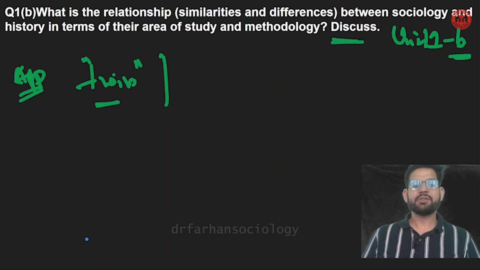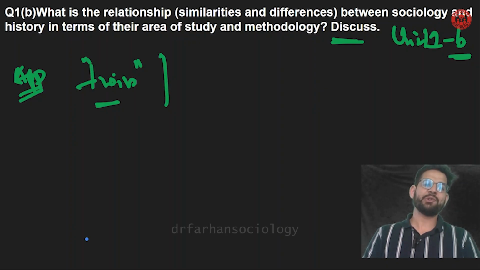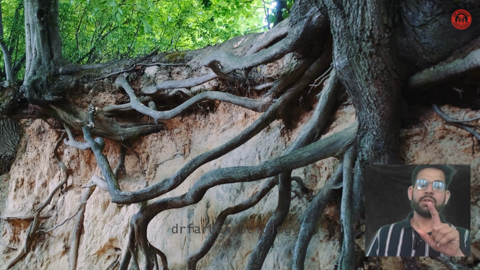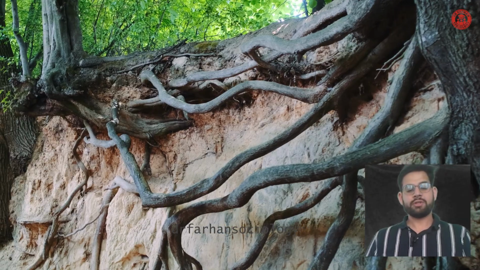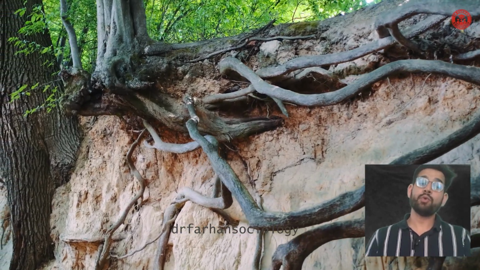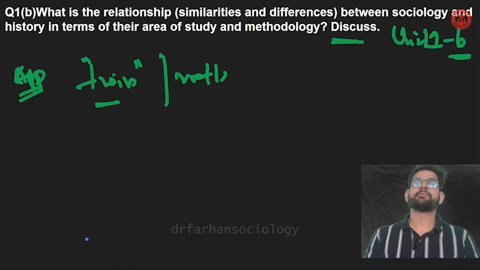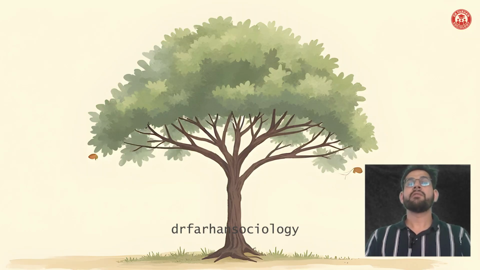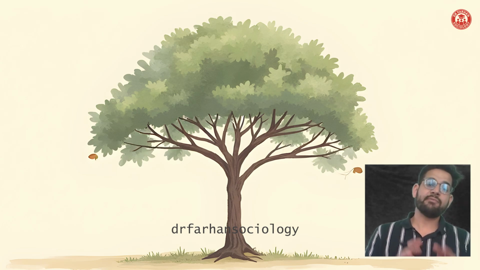In fact, they are so closely related that they do not make a lot of sense if you look at them separately. There is a popular saying that sociology without history will be considered a rootless phenomenon, and history without sociology will be considered a fruitless phenomenon.